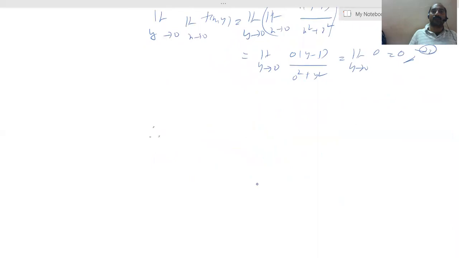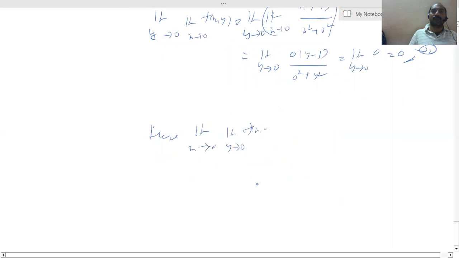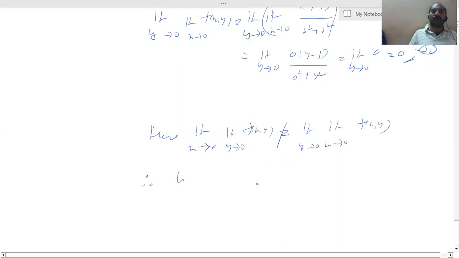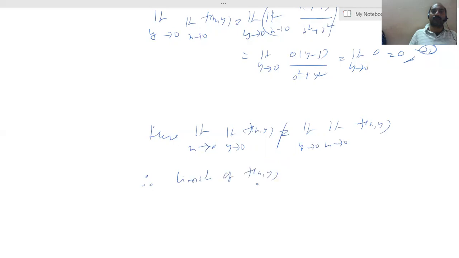Here, limit x tends to 0, limit y tends to 0 of f of x comma y value is different from limit y tends to 0, limit x tends to 0 of f of x comma y. Therefore, limit does not exist. Limit of f of x comma y at the point 0 comma 0 does not exist.